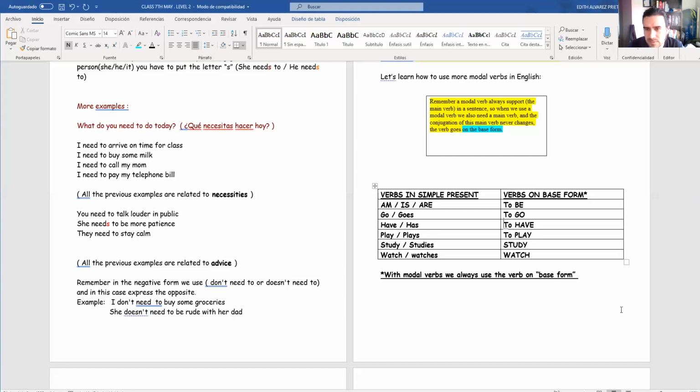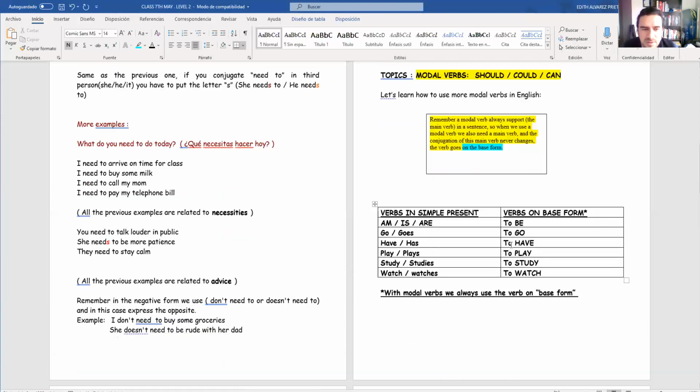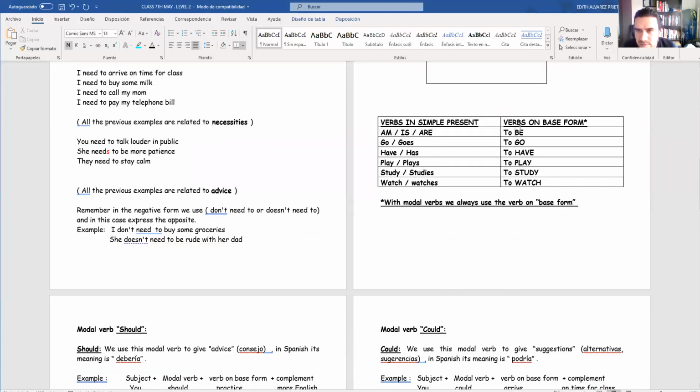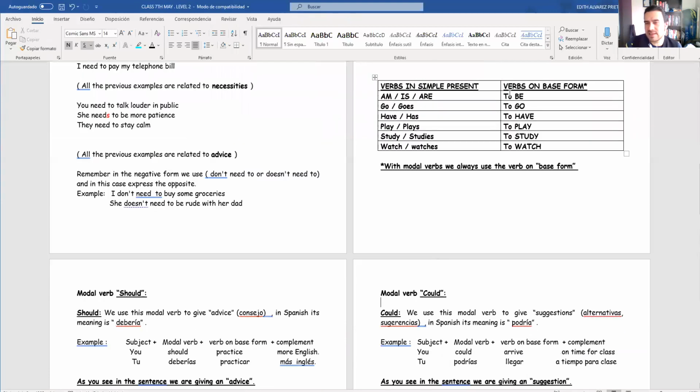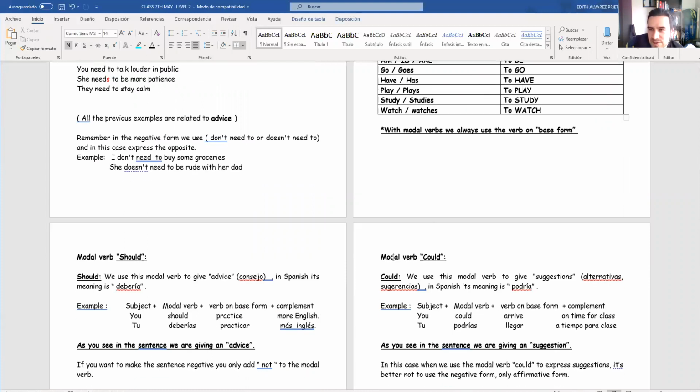All right. To study. Entonces, en ese caso, está el to. Pero cuando lo conjuguen, como ahorita vamos a ver, se coloca solo el verbo, ¿no? Sin el to. Okay, that will be the conjugation in the base form. Okay, ¿listo? Como para que sepan que es la forma base de un verbo, es su forma natural, por ejemplo, base form.